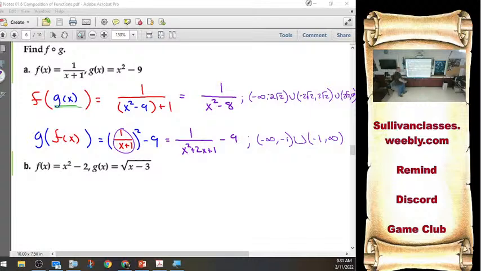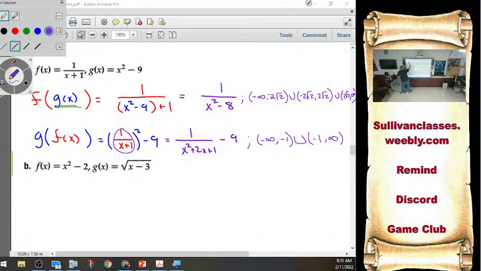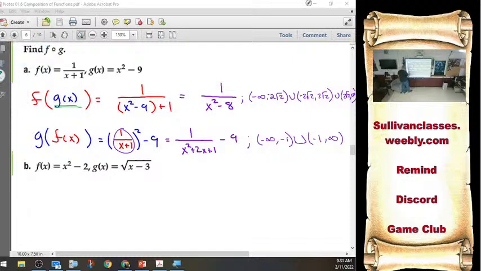Okay, now, part B. This is where I got to watch out with my end result. See, f of g for both. All right. F of a thing, its purpose is to square a thing minus 2.